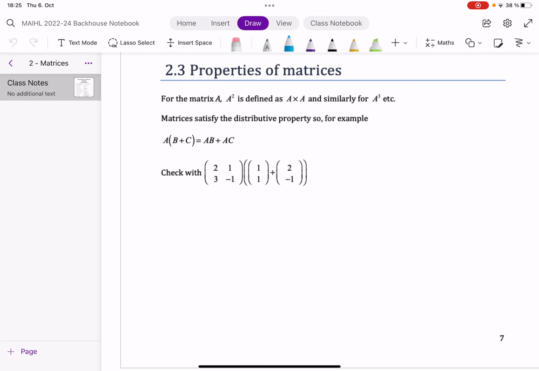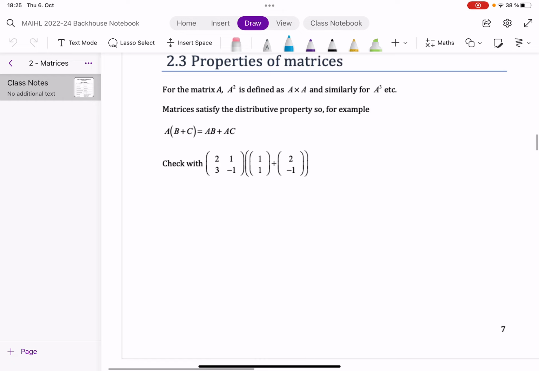The distributive property does hold for matrices though. So if we have matrix A multiplied by B plus C, we can distribute that to AB plus AC. So in that respect, it acts a little bit more like we're used to. And of course you can verify that by checking this calculation here.